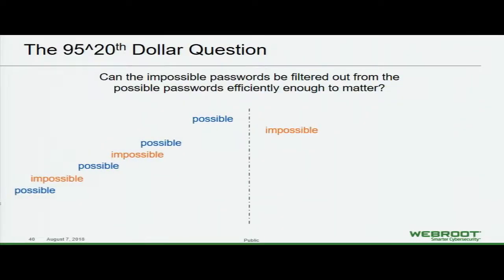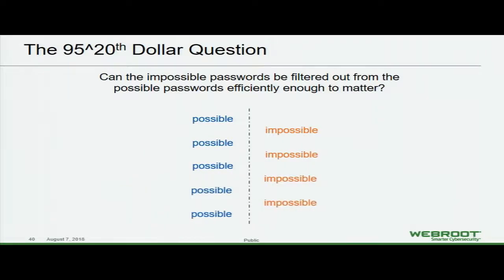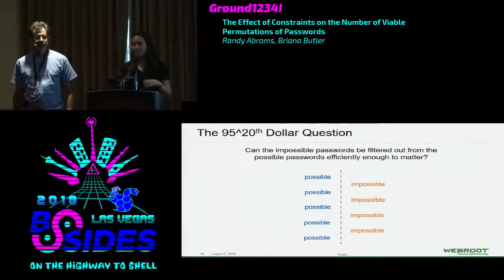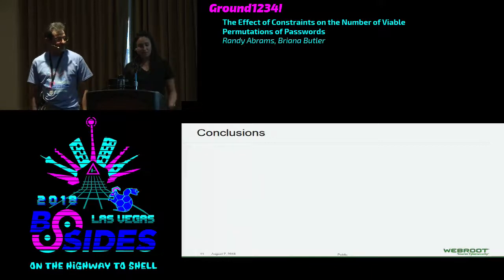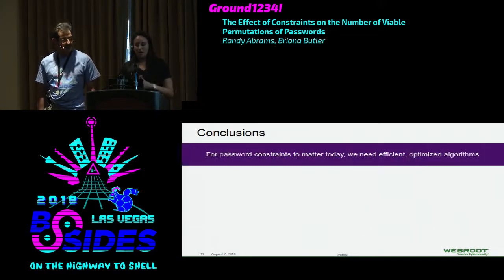All right, now for the 95 to the 20th dollar question. Can the impossible passwords be filtered out of the possible passwords enough to really matter? Does it even make a difference? Will this allow people to crack passwords faster? And from that, we had a few conclusions.